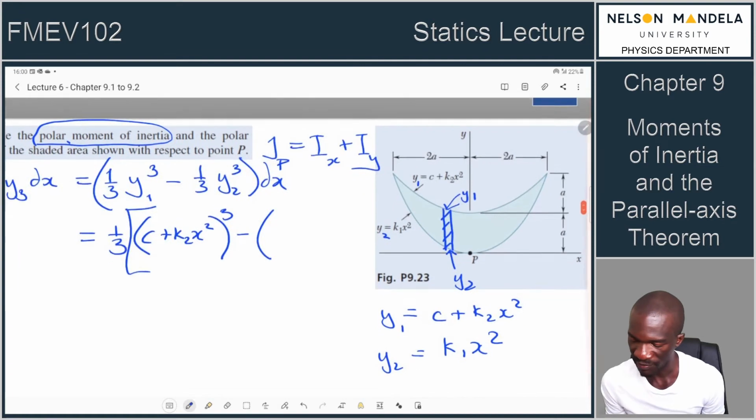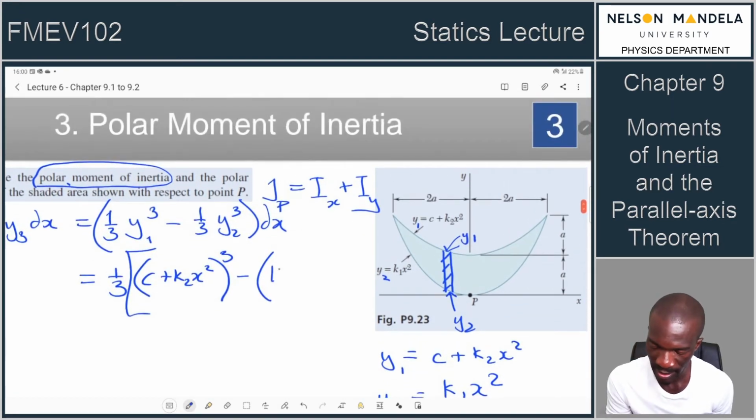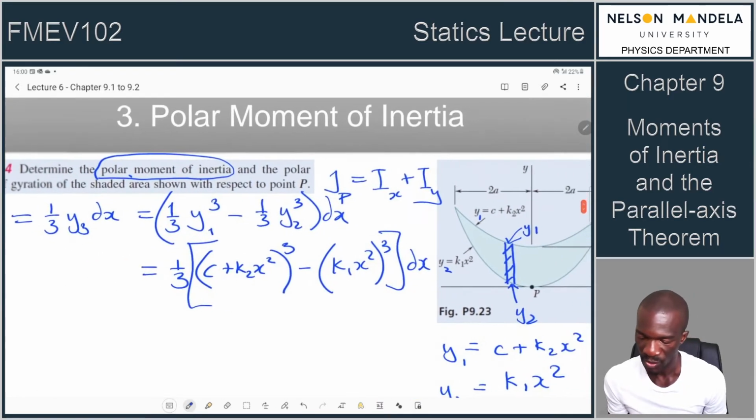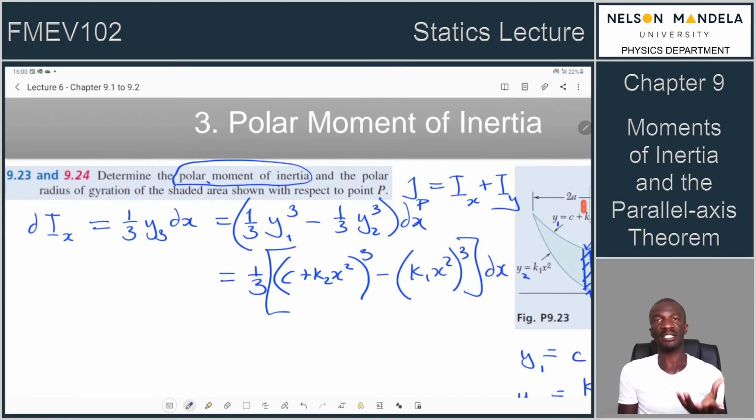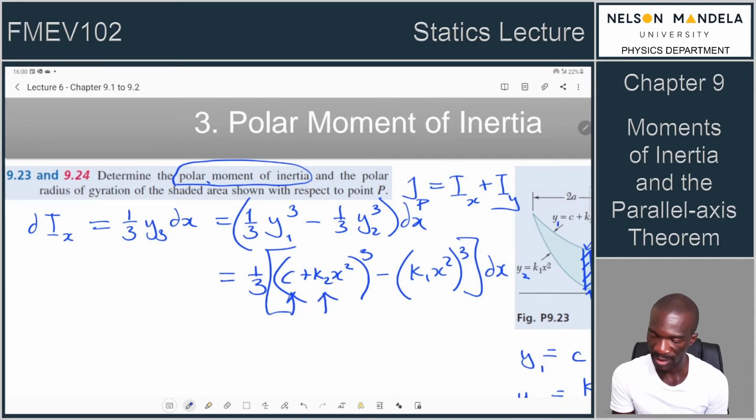What is the second cubed function? y2 is k1x squared. That's cubed, then with respect to x. So it means that we have a function which we can actually integrate, because all these are constants. You then find your Ix.